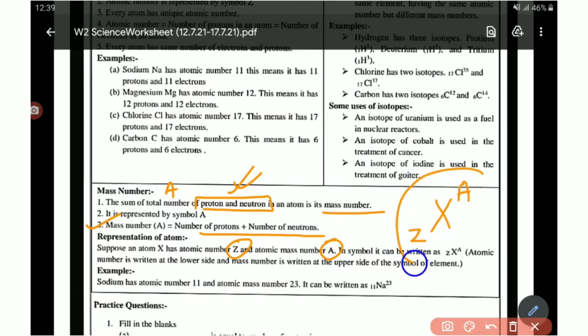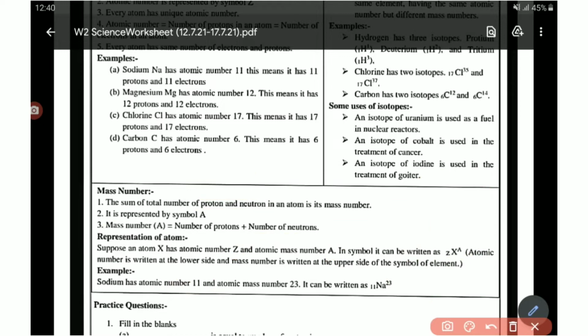So this becomes the representation of an atom. Let us see an example. You have sodium, right? Sodium has atomic number as 11 and mass number as 23. So the atomic number is written as subscript and mass number is written as superscript. So this becomes the representation of sodium. So this was mass number.